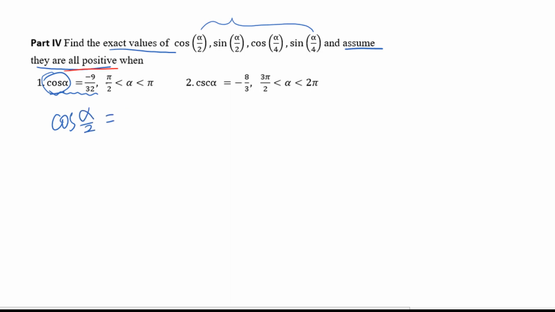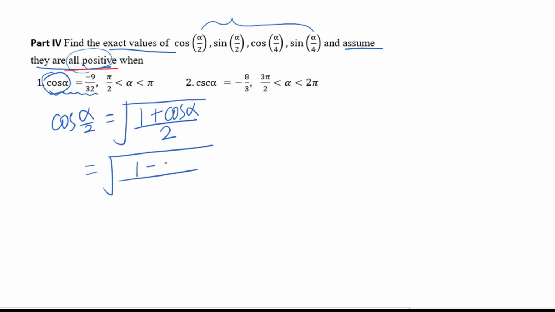It equals, because this is all positive, square root of 1 plus cosine alpha over 2. Then we plug in. You will get 1 minus 9 over 32, over 2. So we will multiply by 32 top and bottom.